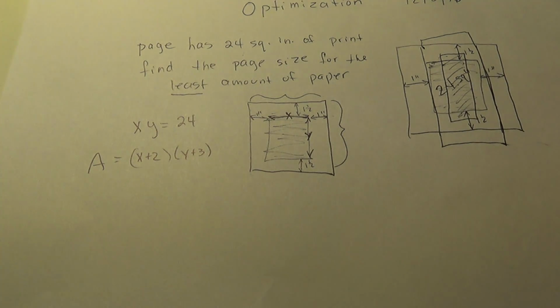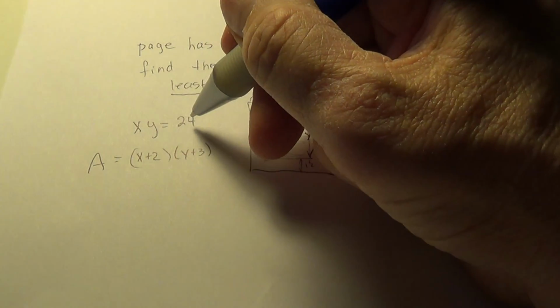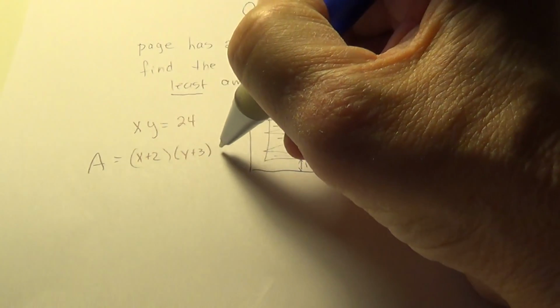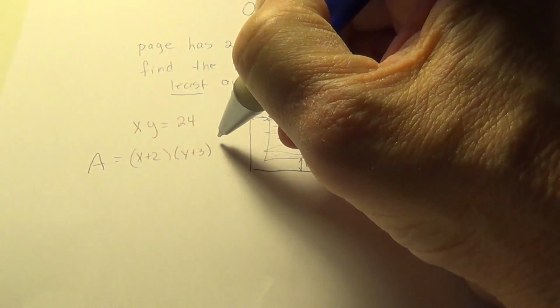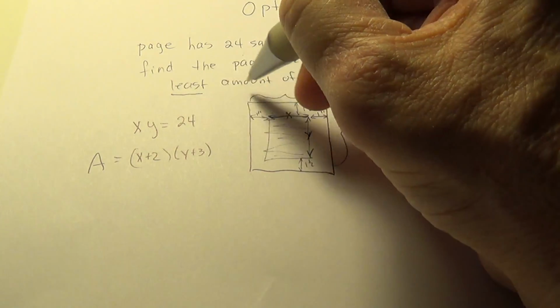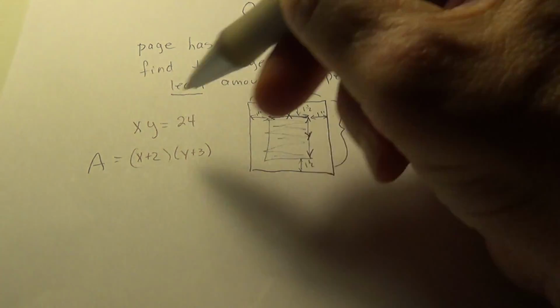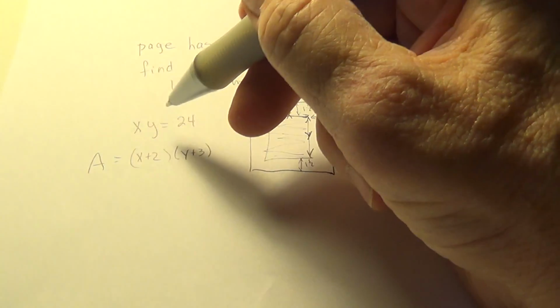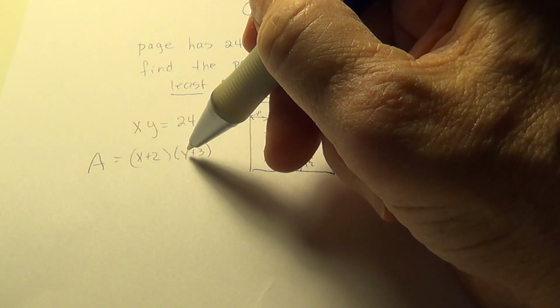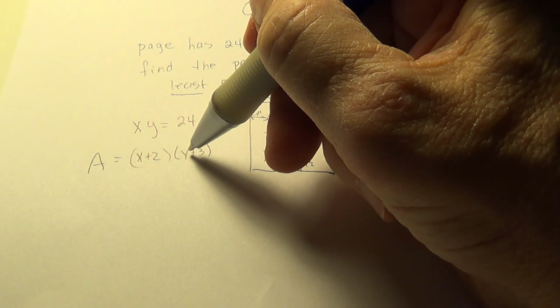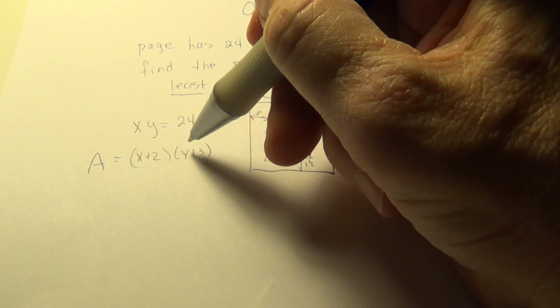So let's go with that, and again, as yesterday, find the formula that relates the object that you're looking for. We're looking for the least amount of paper, or area of paper. So I found the general equation. That's what I'm going to find the first derivative of and minimize by setting it equal to 0.